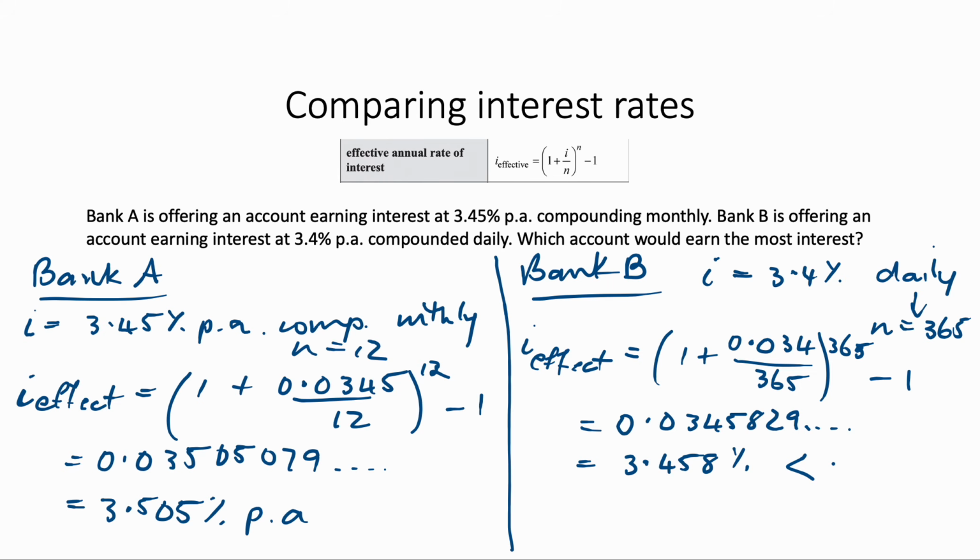Now that's less than the 3.505%. So this time, since we are investing, we want the highest interest rate. This one's better. So we would say, therefore, Bank A will earn the most interest.